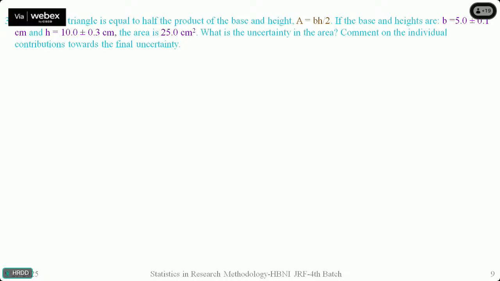Has anybody calculated this one? Area? Have you done? Has anybody done the calculation? 25 plus or minus. Then you can comment, which comment you have also written. Height has got greater uncertainty.